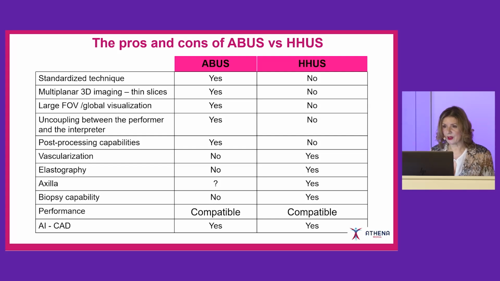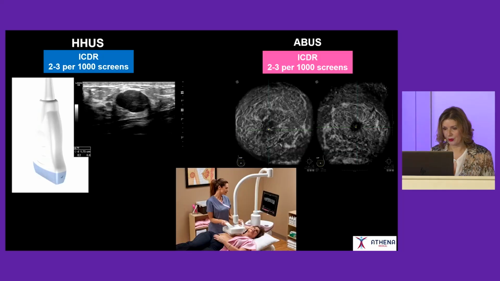The area of the axilla can be seen, level 1 lymph nodes, if we have included this area in the field of view of the image. Of course, we have AI with CAD. There is a lack of evaluation of vascularization and elastography, and there are no biopsy capabilities, which is, of course, understandable.